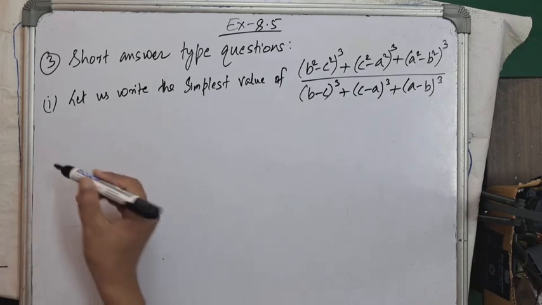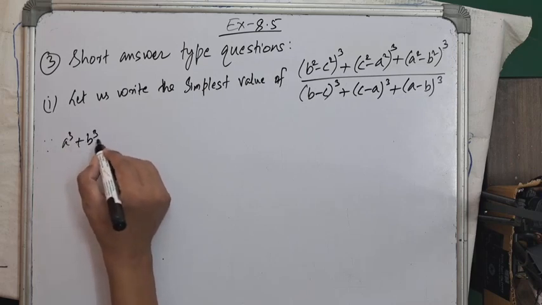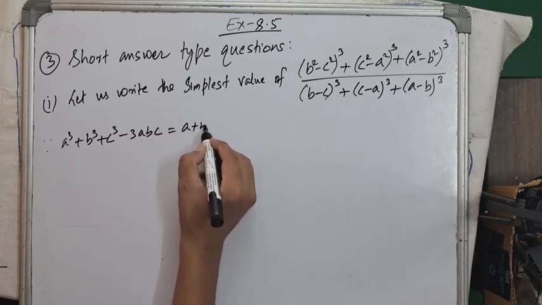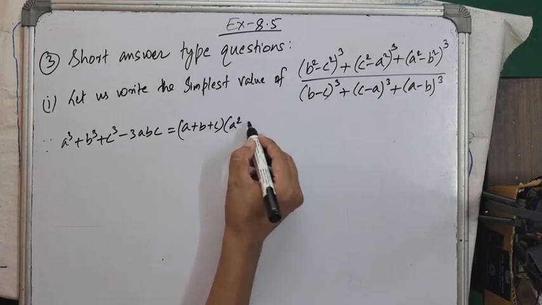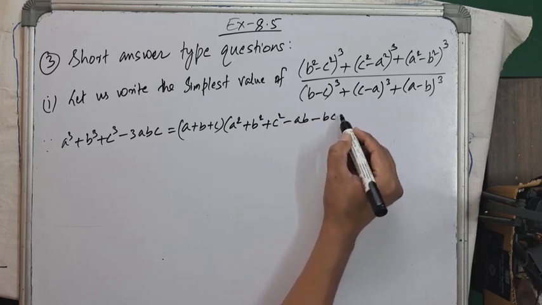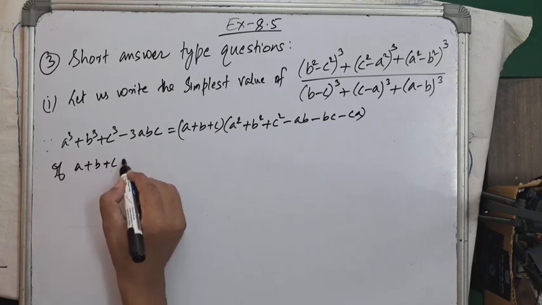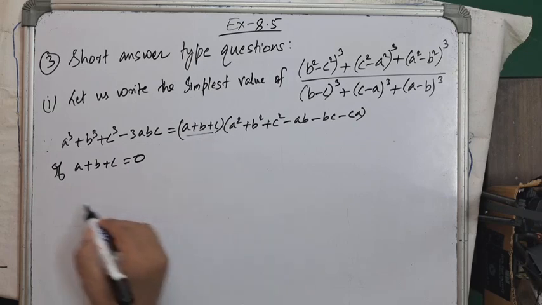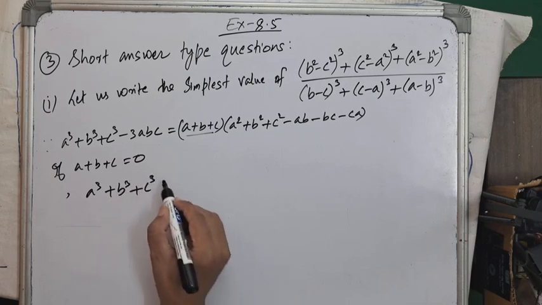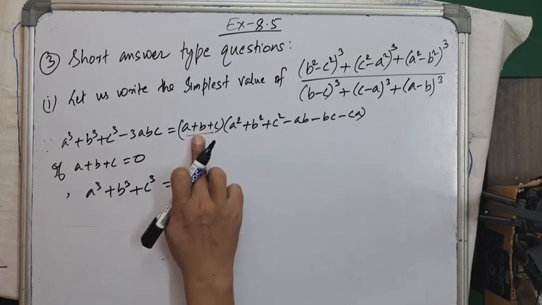Before we solve this question, let's see the formula first. Since we know that a³ + b³ + c³ − 3abc equals (a + b + c)(a² + b² + c² − ab − bc − ca), now if a + b + c equals 0, then the right hand side is 0, because a + b + c is 0 and 0 into this is 0.